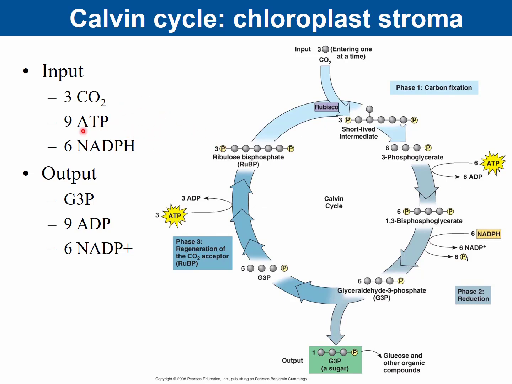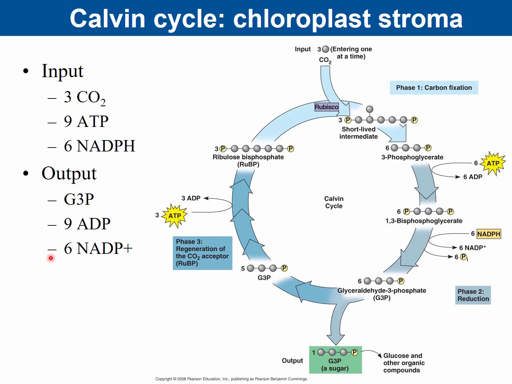NADPH is going to supply electrons to the carbon dioxide, meaning that the carbon dioxide becomes reduced as it gained electrons, and it's going to form our sugar, which is G3P. G3P is our original 3-carbon sugar that's produced as a byproduct of the Calvin cycle. And then that G3P can be used to produce other sugars for the cell as well.